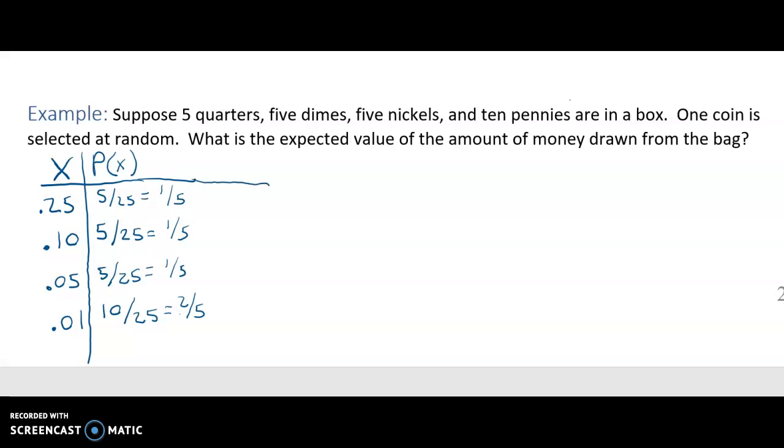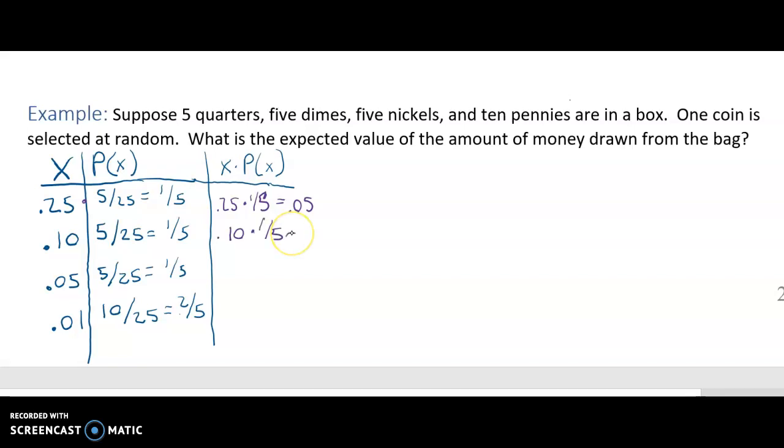We need to find the expected value. To do that, we're going to take each x value and multiply it by its probability. So we'll have 0.25 times 1/5 equals 0.05. Next we'll have 0.10 times 1/5, which equals 0.02.